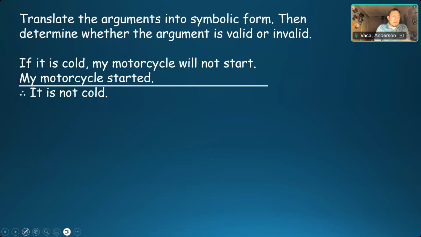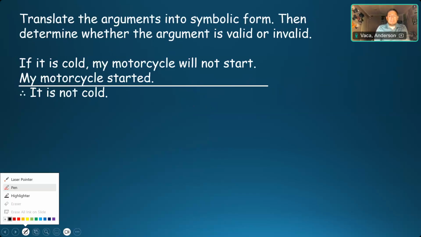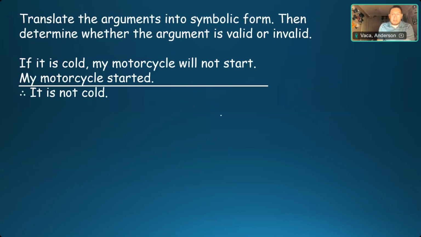What we need to do at first is define some variables. Let's define the variables. P is the first simple statement, which is it is cold. Let's define Q. It will be the second part of this.